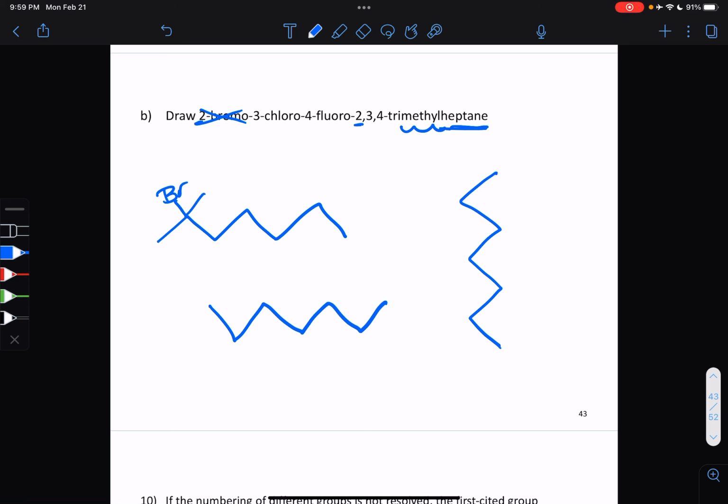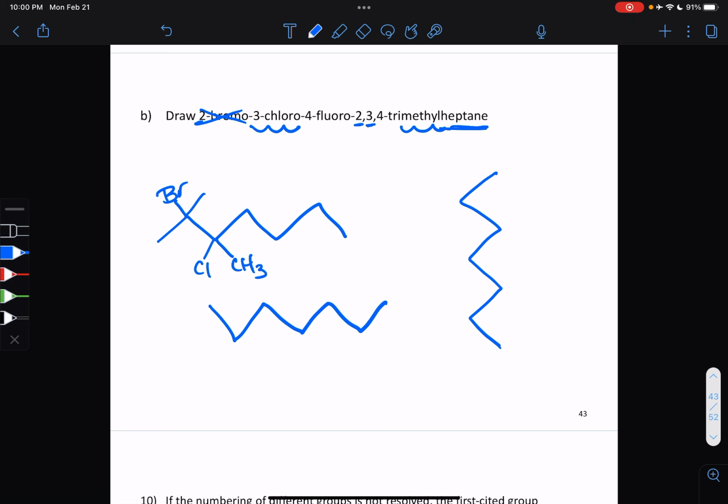Now we're going to go on to carbon number 3, and we can see that we've got a chlorine there, and we have another what? Another methyl. So we'll go ahead and put chlorine, and this time I'll draw the methyl in. Usually you want to stick to the same format, so if at the top you didn't draw the CH3, you wouldn't want to all of a sudden draw it on the bottom. But I did, just to switch it up. Now, could you switch places with that chlorine and that CH3?